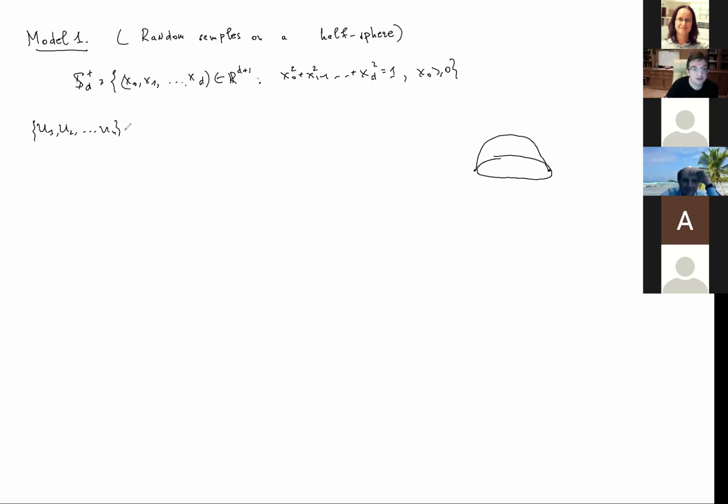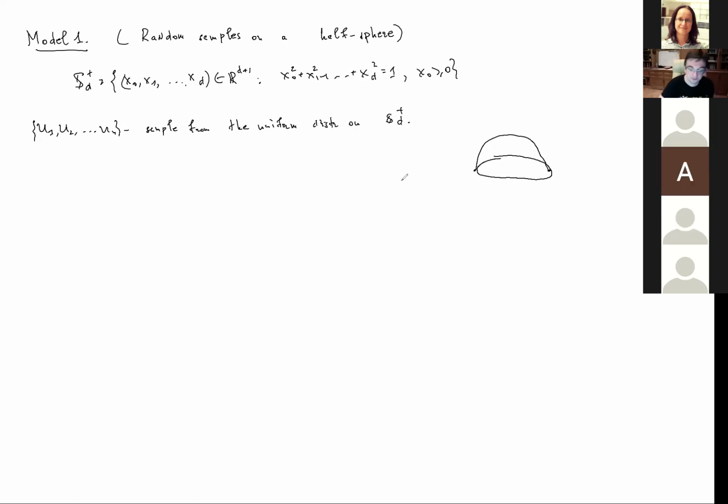So this is a sample from the uniform distribution on S^d_+. And now let me define the so-called spherical convex hull of this sample.